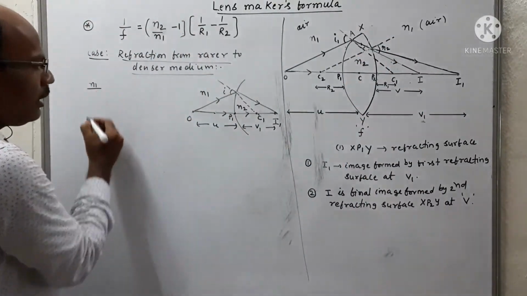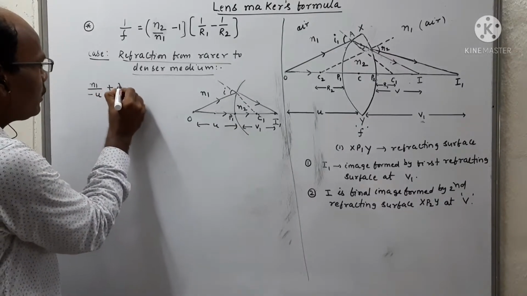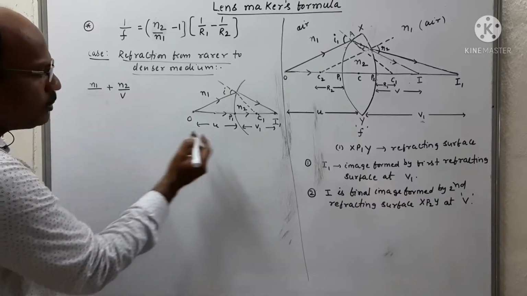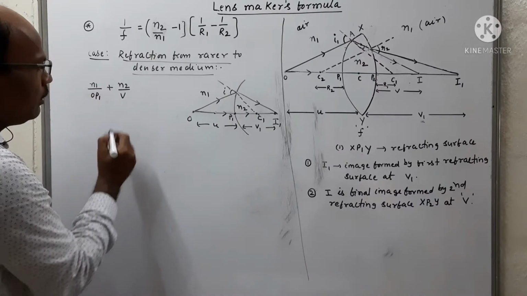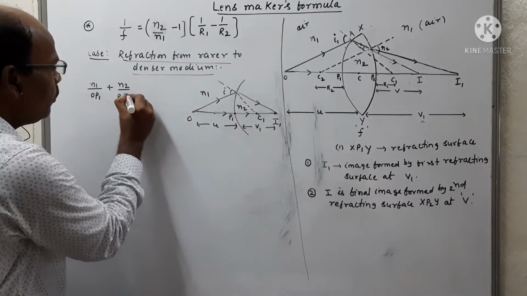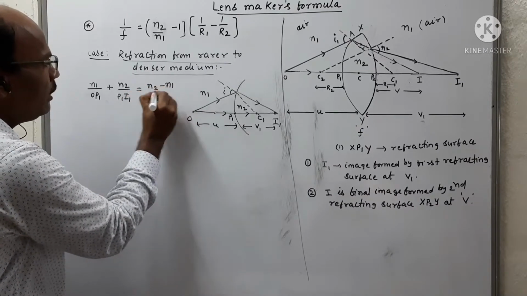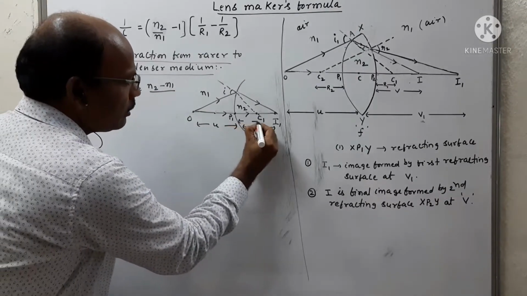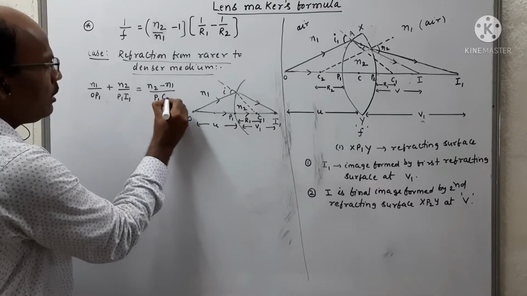Then we can write N1 by minus U plus N2 by image, that is P1 I1, is equal to N2 minus N1 by the radius of curvature, this is R1, that is P1 C1.